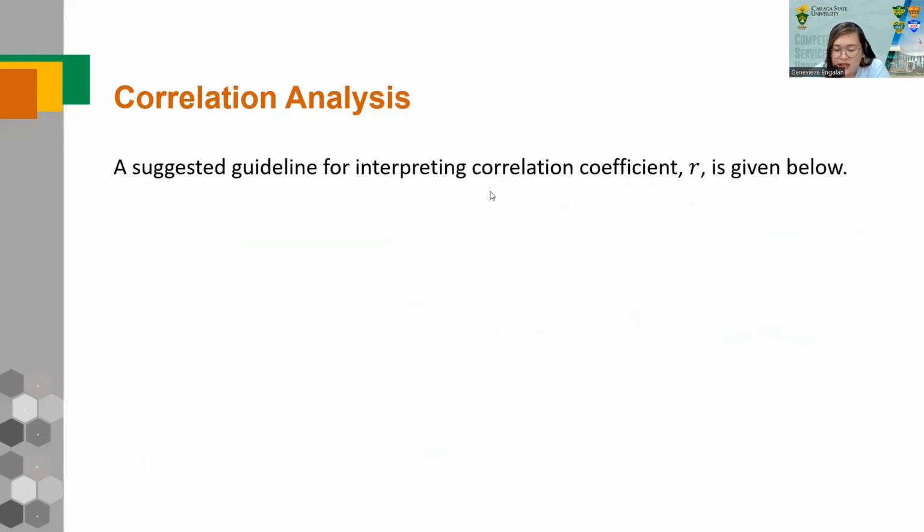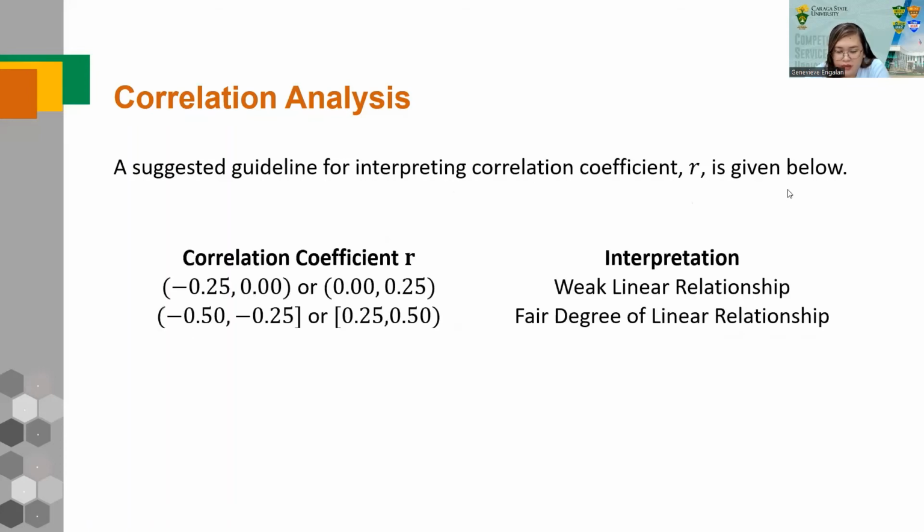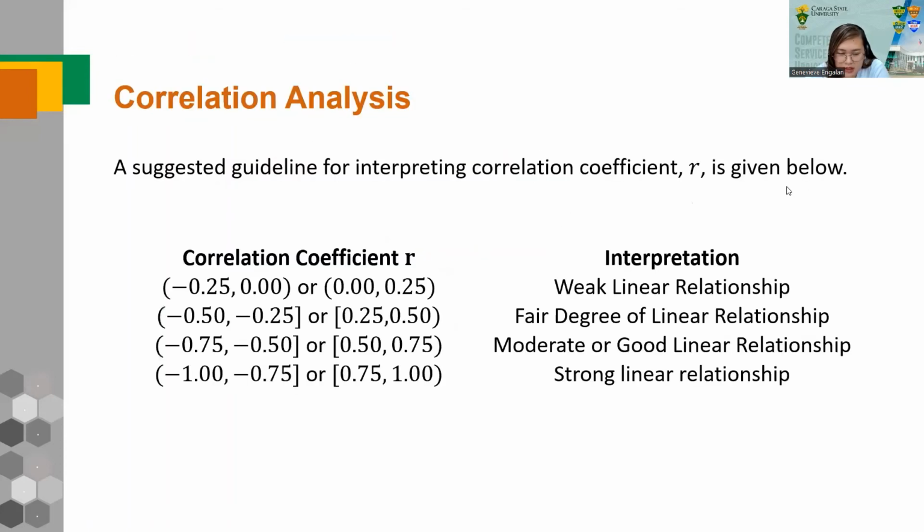So suggested guideline for interpreting correlation coefficient R is given below. So kung ang imong R mo fall between ani, pasabot in between ana nilang duha. So greater than negative 0.25 but less than 0, or greater than 0 but less than 0.25 na kay weak linear relationship.